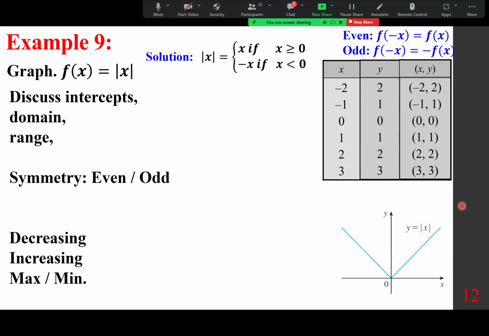Now, we want to discuss the issue, starting with the intercepts. Of course, (0, 0) again is the intercept, which makes it both the x and y intercept. Domain: this side covers the left side, this side covers the right side of x. So the domain is all real numbers, negative to positive infinity.